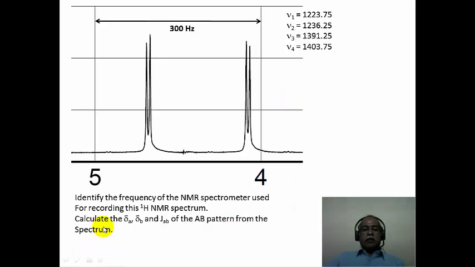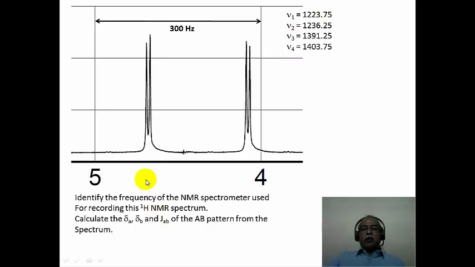The other question is to calculate delta A, delta B and JAB from the NMR spectral pattern. One has to use the equation that we described earlier, that is the difference between the chemical shift values of delta A and delta B. In other words, delta AB would correspond to the square root of (nu 4 minus nu 1) multiplied by (nu 3 minus nu 2).